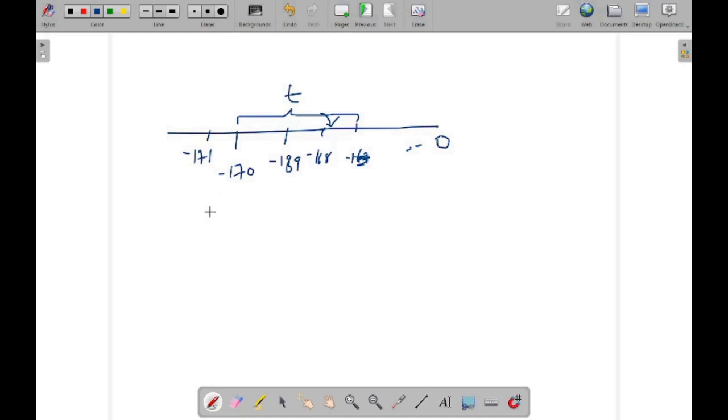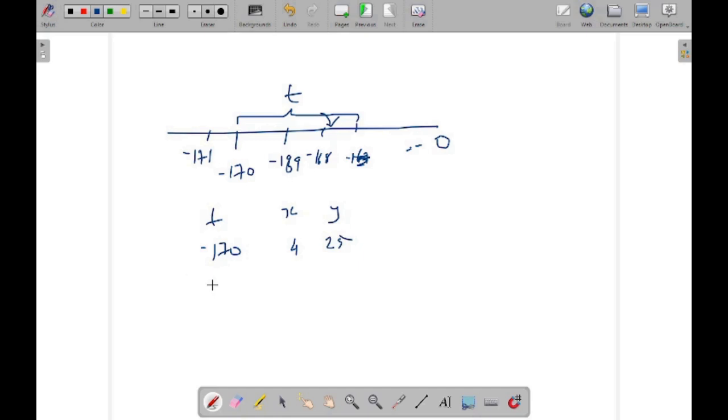So when t is equal to minus 170, you are getting positive values for x and y: x equal to 4 and y equal to 25.